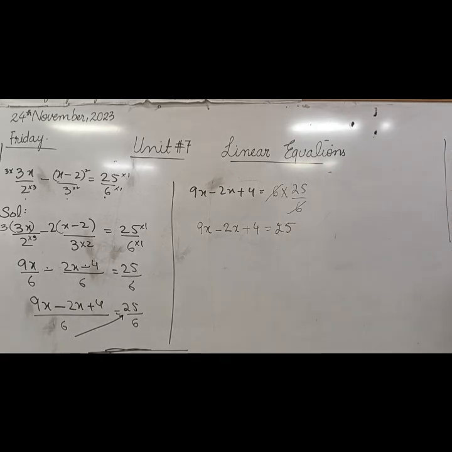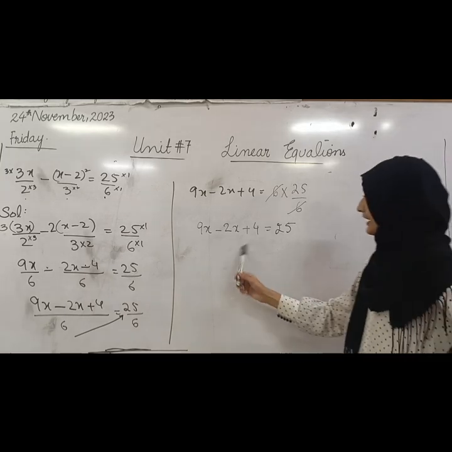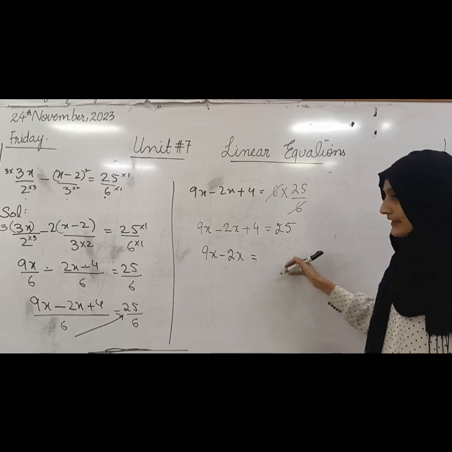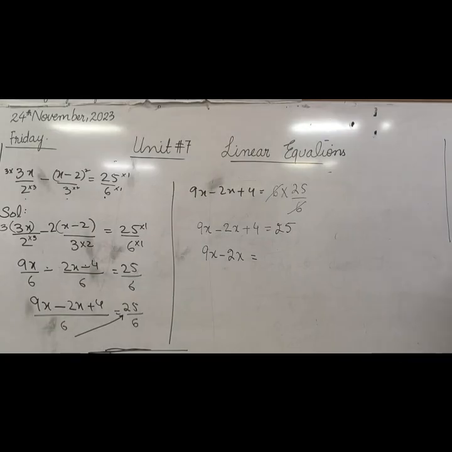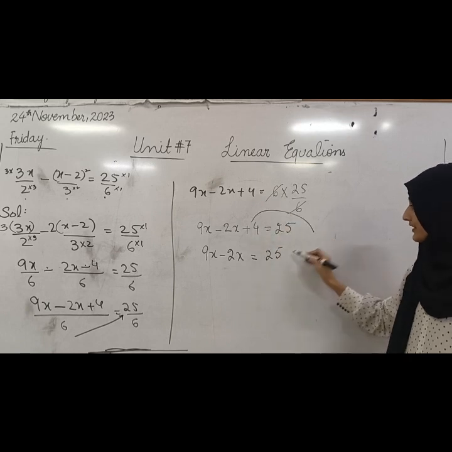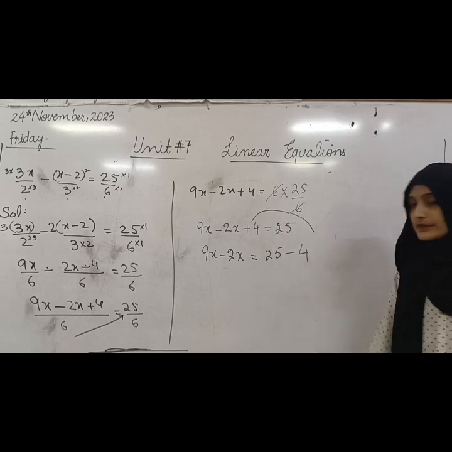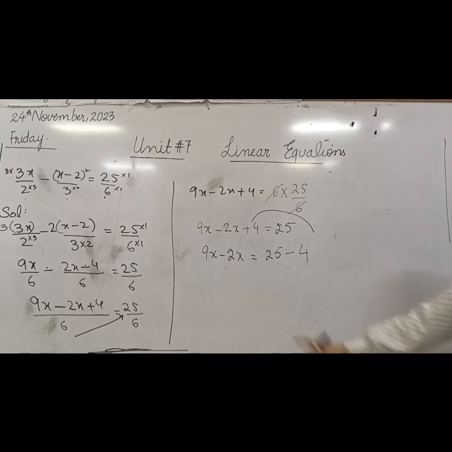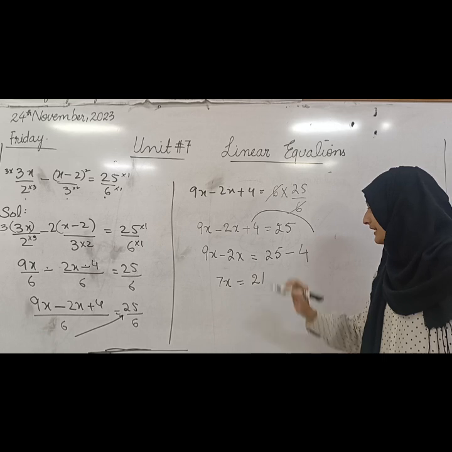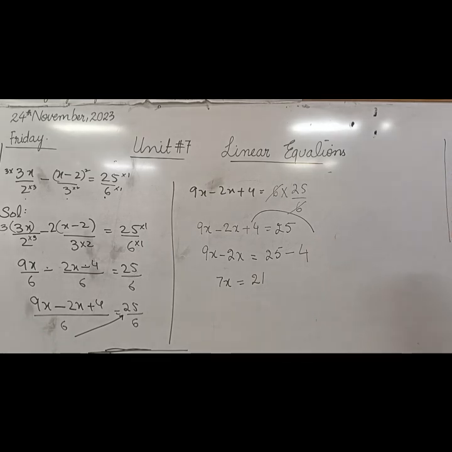What will be the next step? The next step is to collect the like terms. 9x and minus 2x on the left side, the terms having variables, and we'll shift the constants to the right side. 25, and this plus 4 will be shifted to the right side and it will become minus 4. 9x minus 2x is 7x is equal to 25 minus 4 is 21.